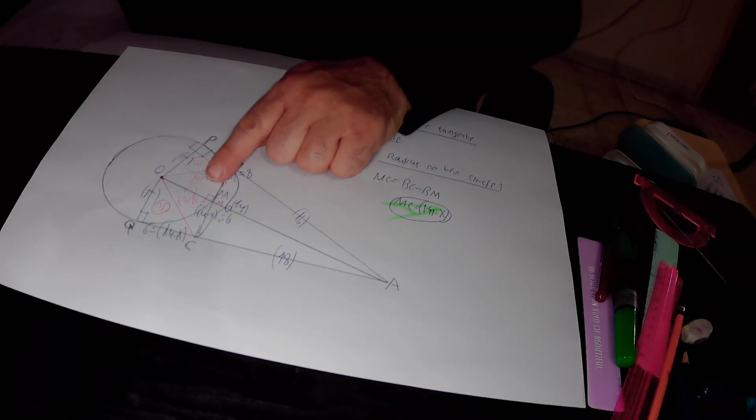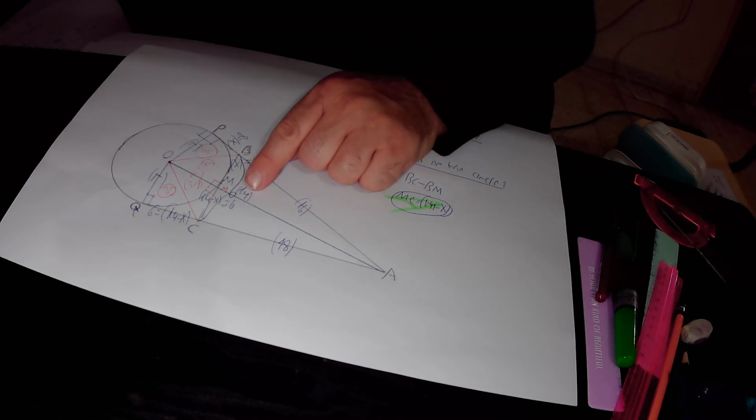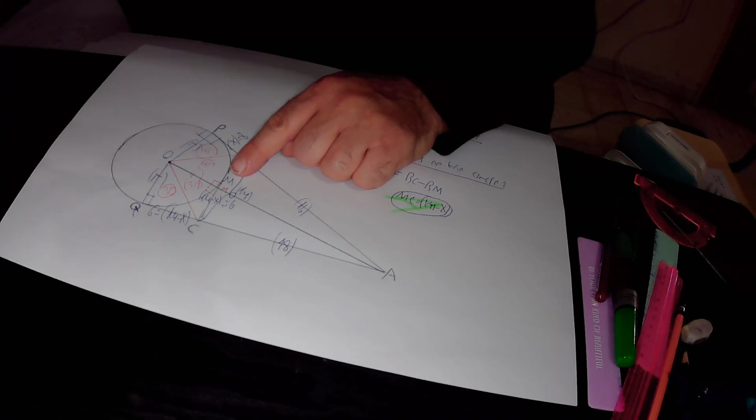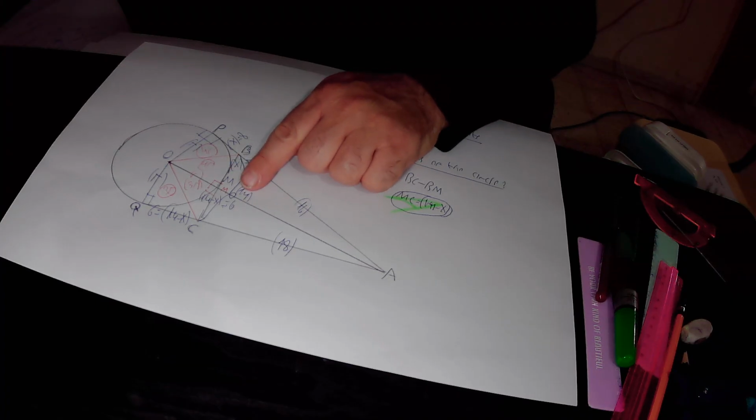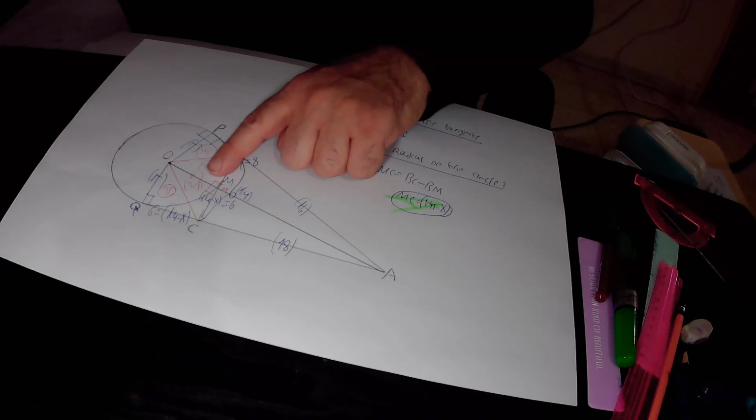Likewise, we calculated the area of this small triangle OMC. The area of this small triangle OMC equals the base CM, that is 14 minus x, times the height OM, that is R, over 2. But we already found out that 14 minus x equals 6, so it is 6 times R over 2. 6 times R over 2 is 3R.